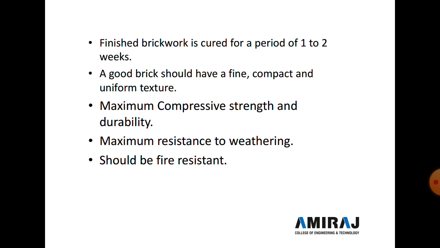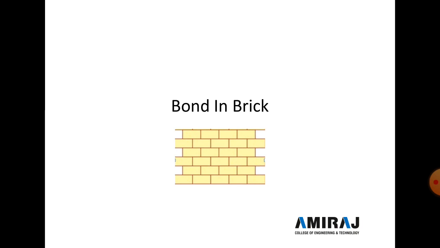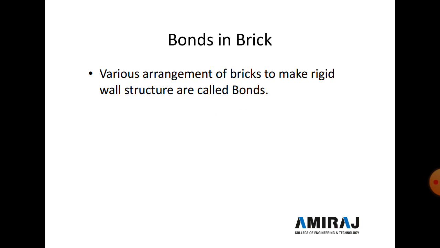Now we discuss the next topic, the bond in brick. In the last slide we discussed what a bond is. A bond is a various arrangement of bricks to make a rigid wall structure.